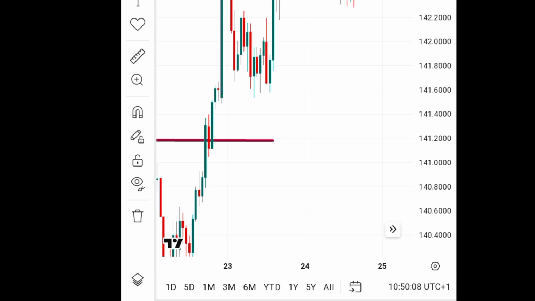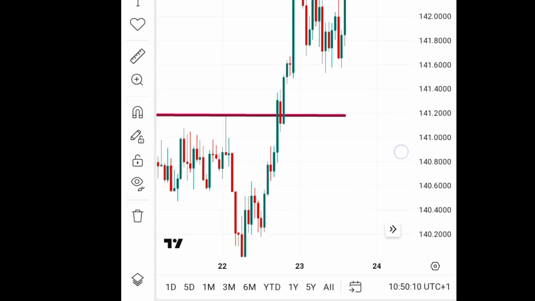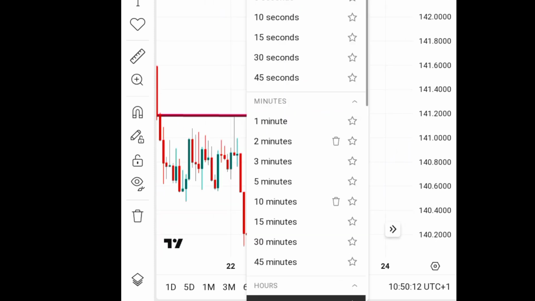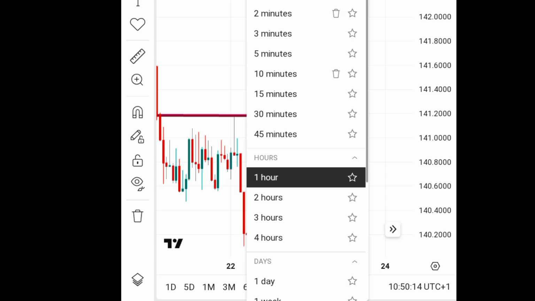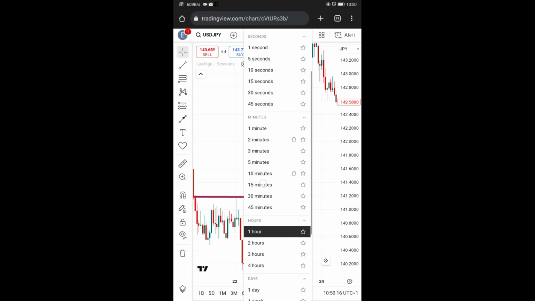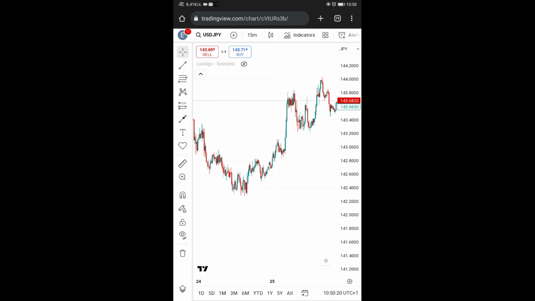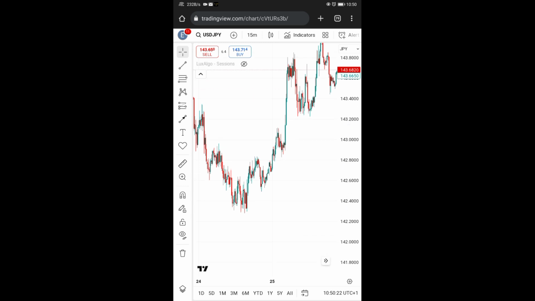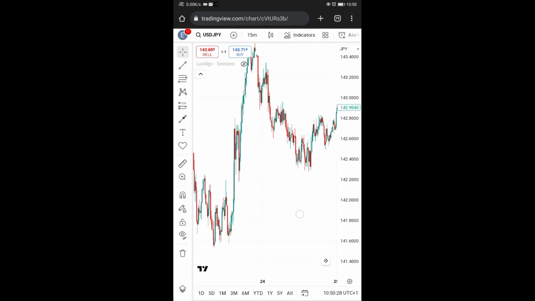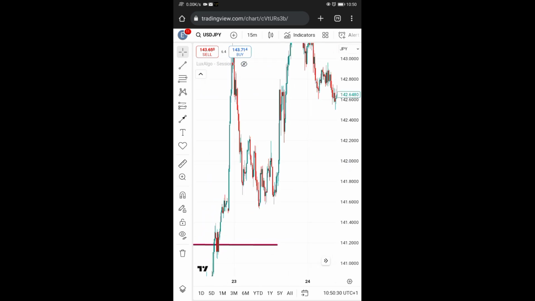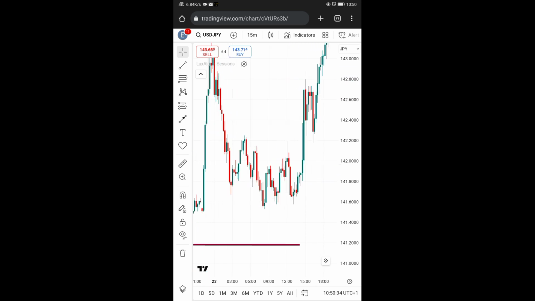Then since the market is bullish, I had to move down to M15. On my M15, this trade was around the London session. So on my M15, I was able to spot a break of structure.